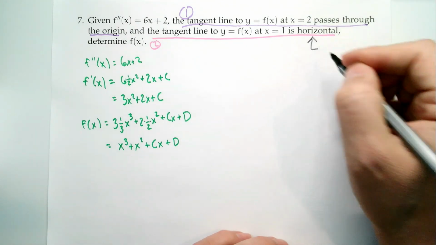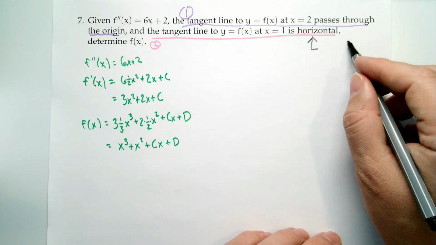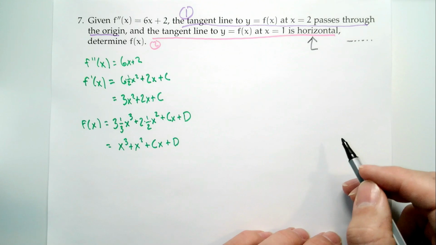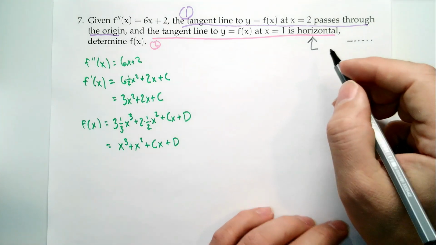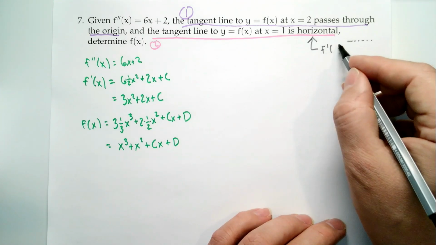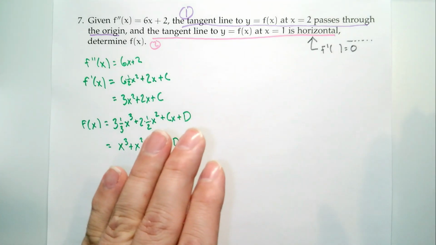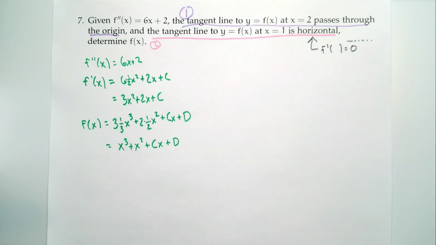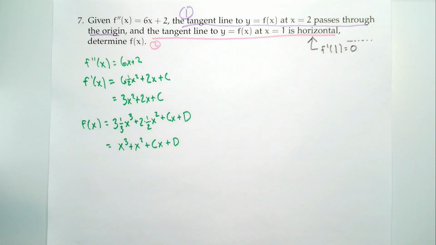What does it mean to say your tangent line is horizontal? Horizontal means it's flat, right? Tangent line horizontal means that the derivative is equal to 0, because horizontal means that your slope is 0. You're not rising or running. And we're at x equals 1, so we know that the derivative at 1 needs to equal 0.